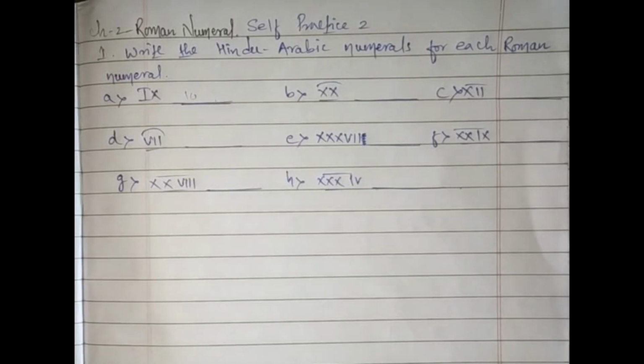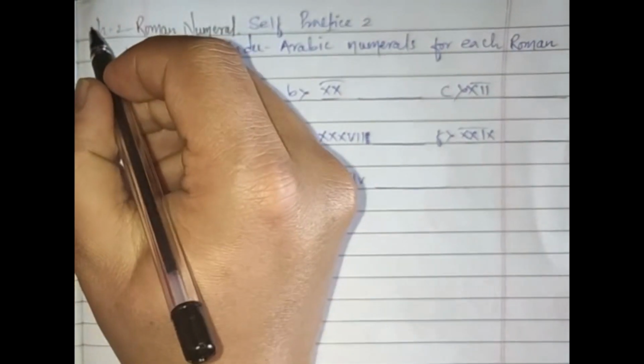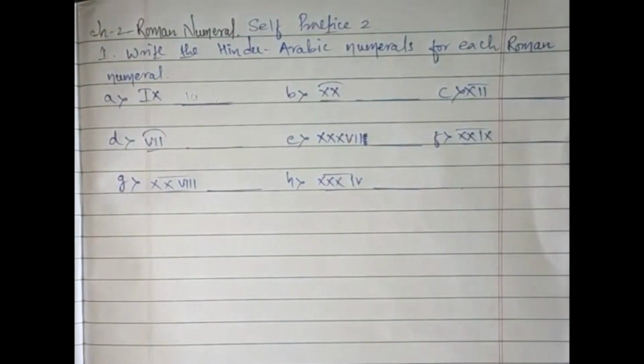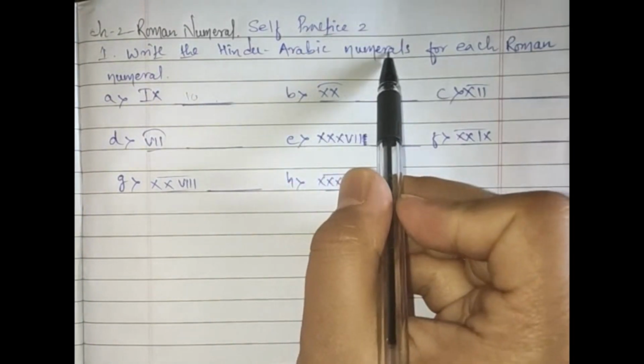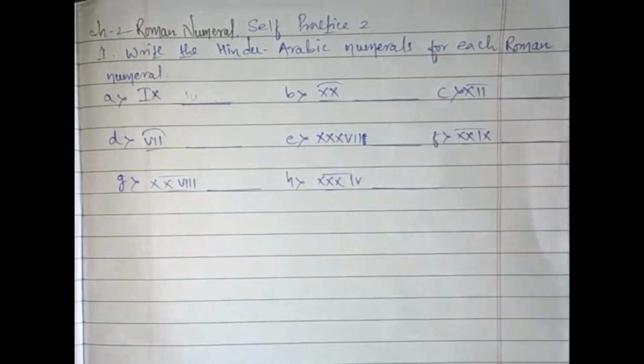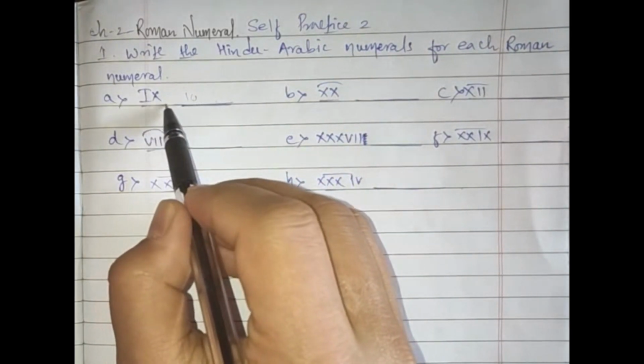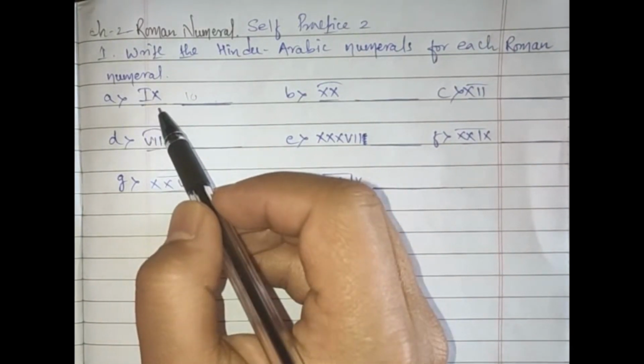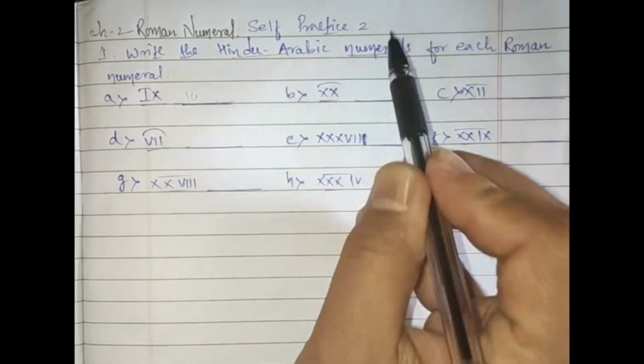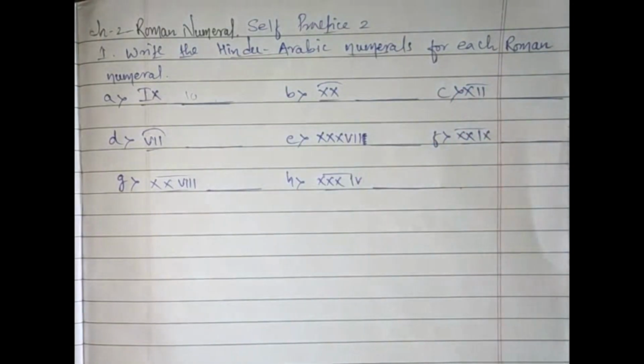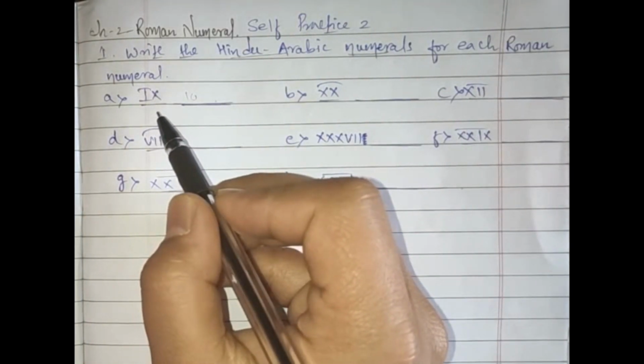Student, here we have the first question from self practice 2 of chapter 2, Roman numerals. The first question is, write the Hindu Arabic numerals for each Roman numeral. So all the forms are in Roman numerals, and you have to write them in Hindu Arabic numerals, like 10, 12, 13. I hope you remember the rules.